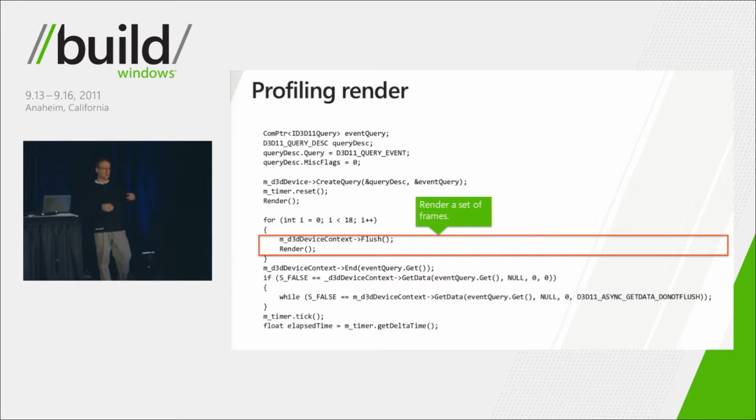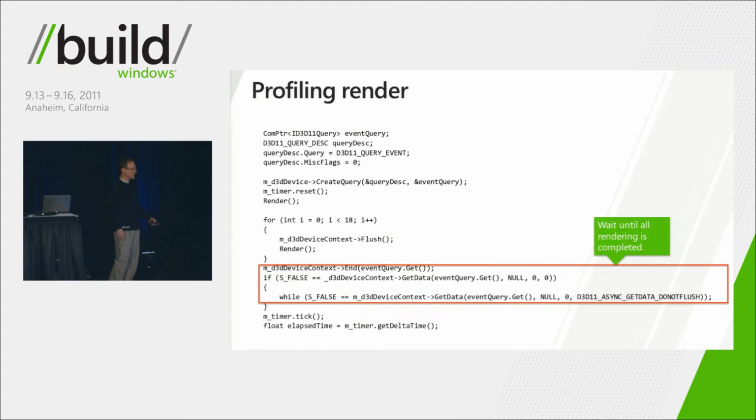That render code should represent the full dynamics of your system so that you get a sense of how the performance is working between the CPU and the GPU as well. So after we've rendered those frames, then we're going to say end query, which says make sure that round trip has happened through the GPU, and we're going to wait until the runtime says, yep, I'm finished, right?